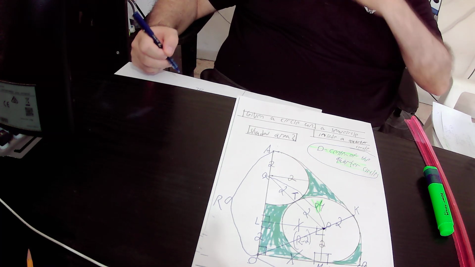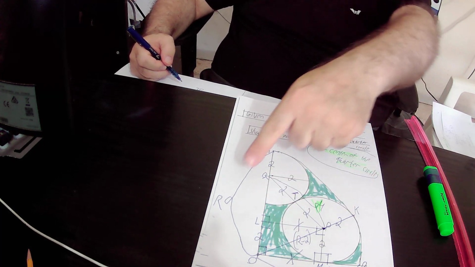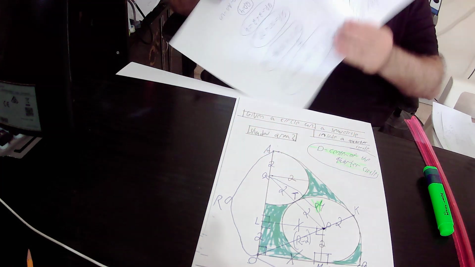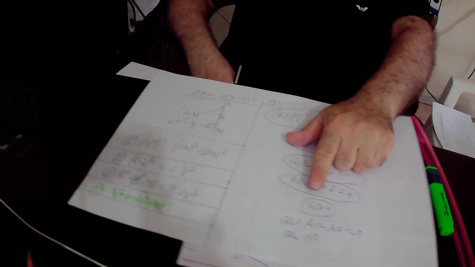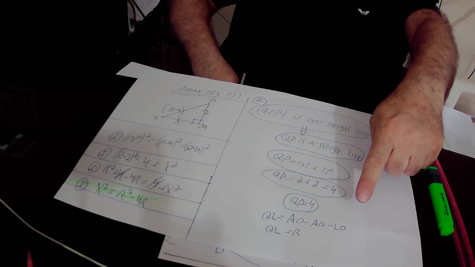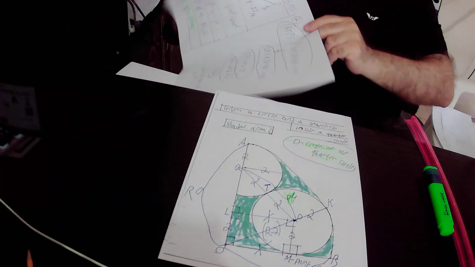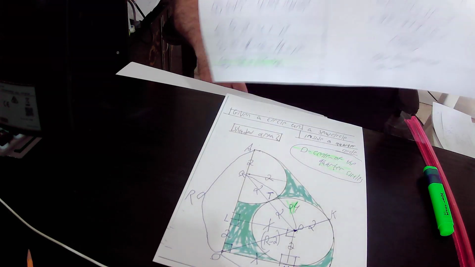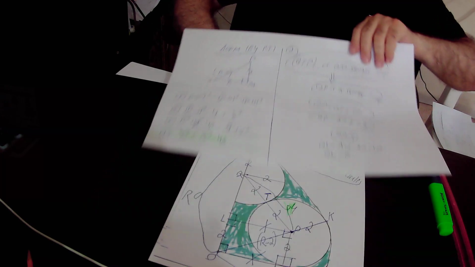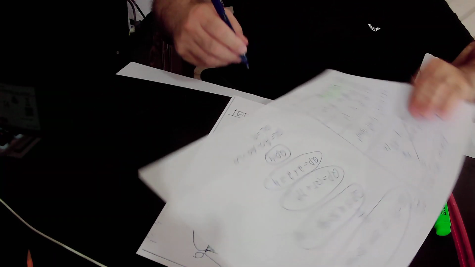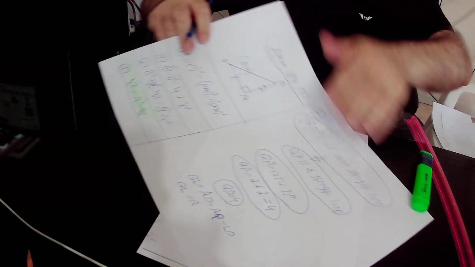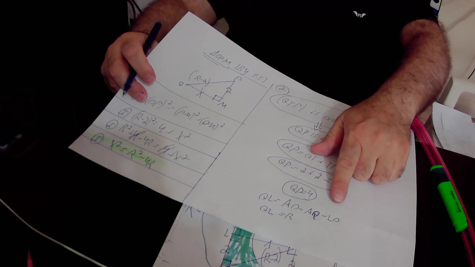I repeat again, QL equals AO minus AQ minus LO.